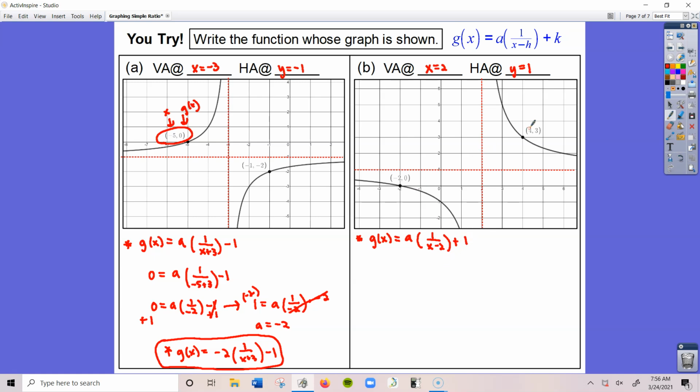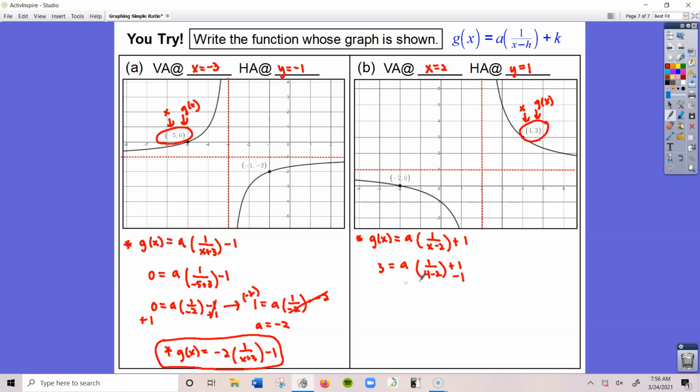Pick a point, does not matter which one. I'm going to choose this one. So I'm going to plug in x is equal to 4 and g of x for 3. So we have 3 is equal to a parentheses 1 over 4 minus 2 plus 1.